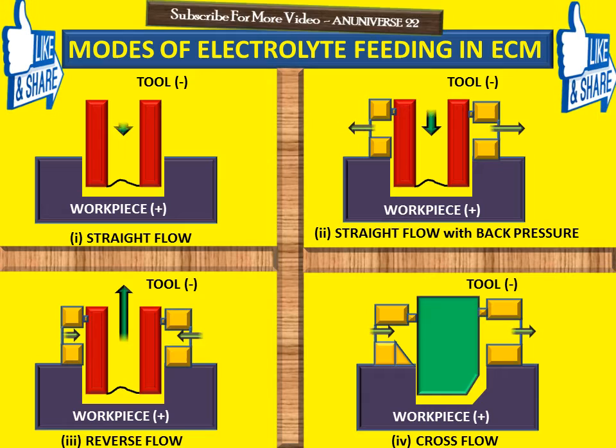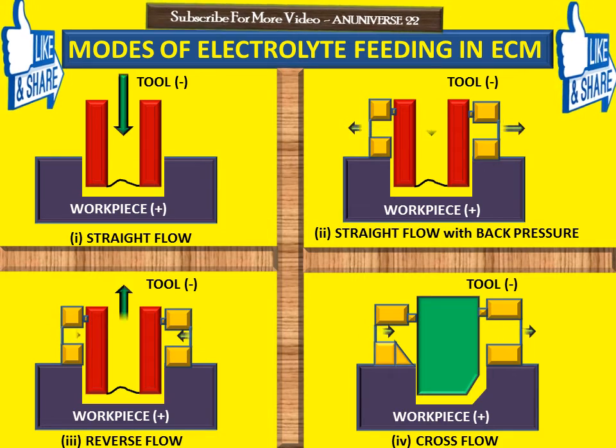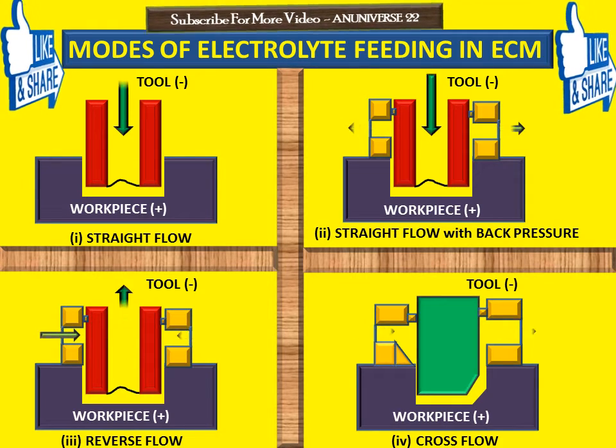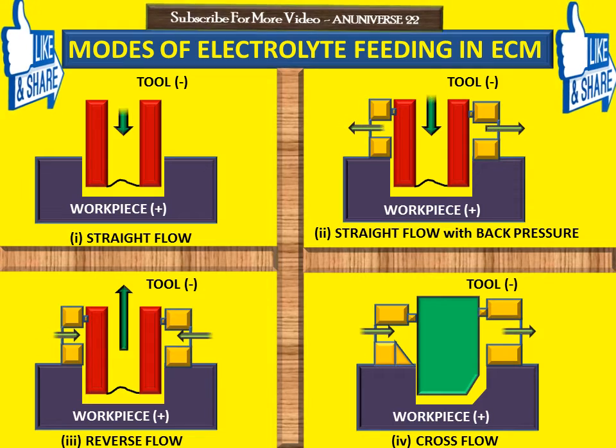The electrolytes generally used in electrochemical machining are sodium chloride, sodium nitrate, and sodium hydroxide. The selection of the electrolyte depends on the workpiece material, desired dimension, tolerance, the surface finish required, and the machining productivity.